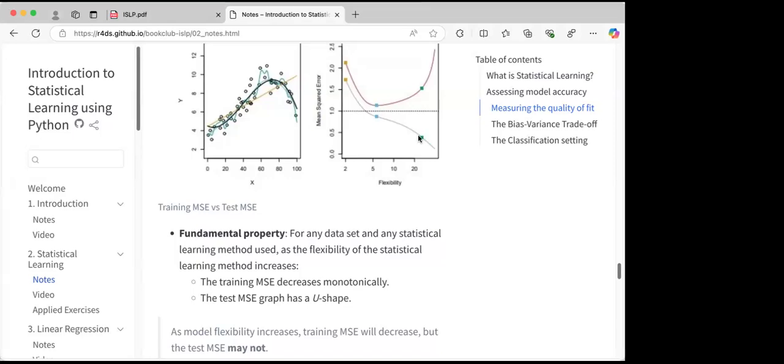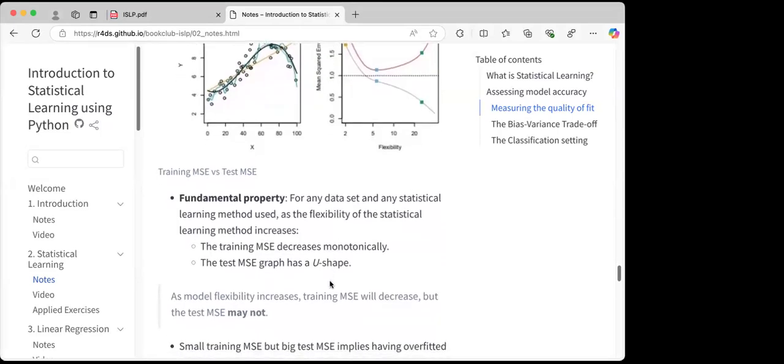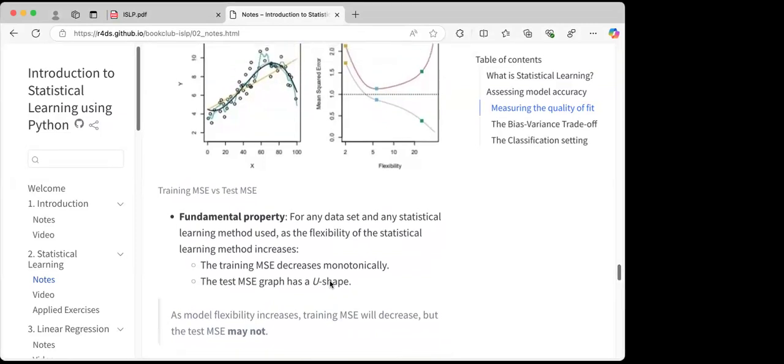And then the test MSE has some kind of a U shape. So as model flexibility increases, the training MSE will decrease, but the test MSE may not necessarily decrease, while the training MSE will always decrease.